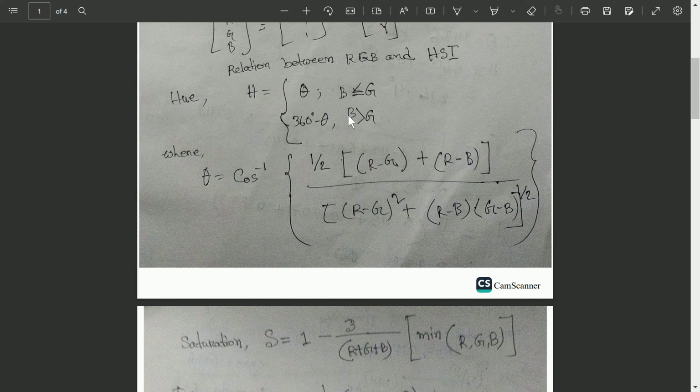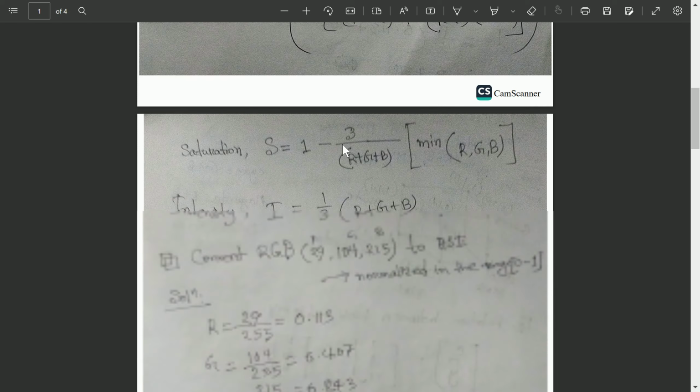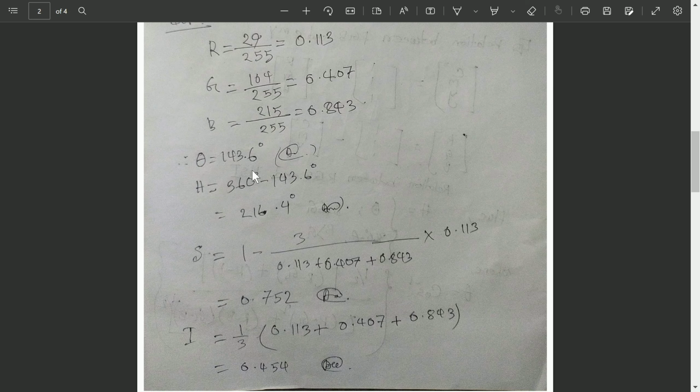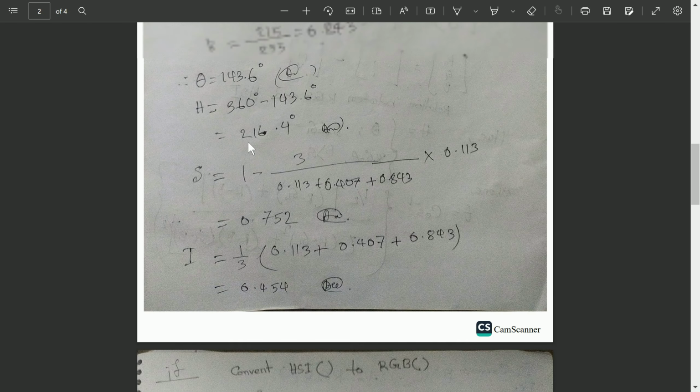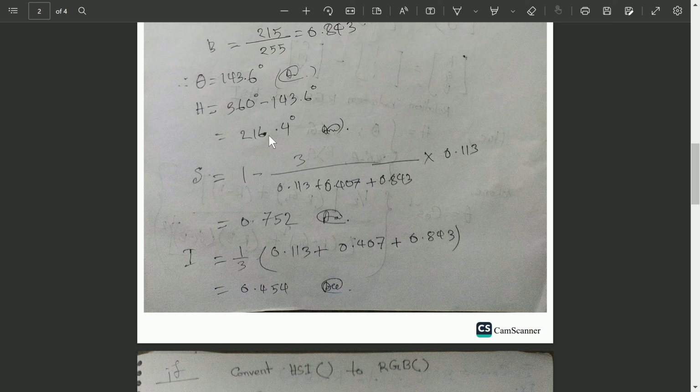So that's why B is greater than G, and for this reason we select this option. That's why we subtract the value of theta from 360 degrees. So here we are doing this, and the result of H comes to 260.4 degrees, and this is the answer.